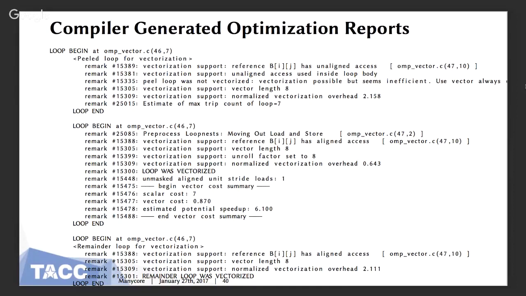It also gives you an estimate of the potential speedup down here due to vectorization. And then finally, you get some remainder loop stuff down here, which isn't usually a big deal. The most important one of these typically to look at is going to be the middle loop. Make sure that that was vectorized. That's going to be the bulk of the computation that's occurring during your processing.